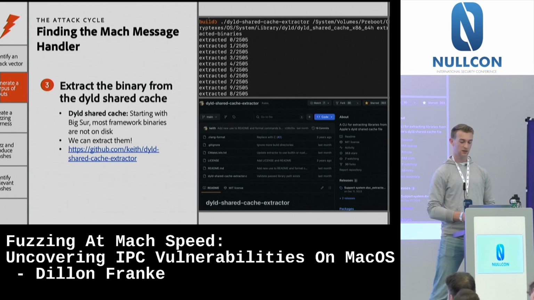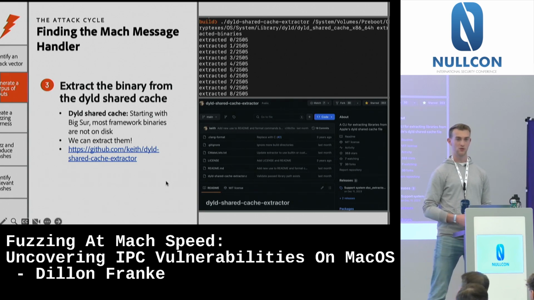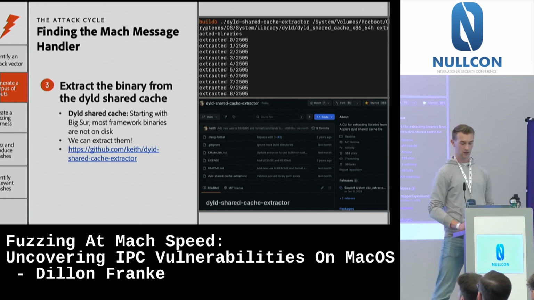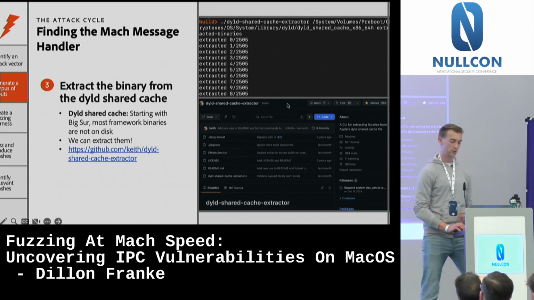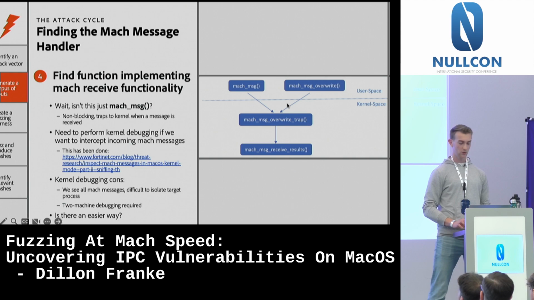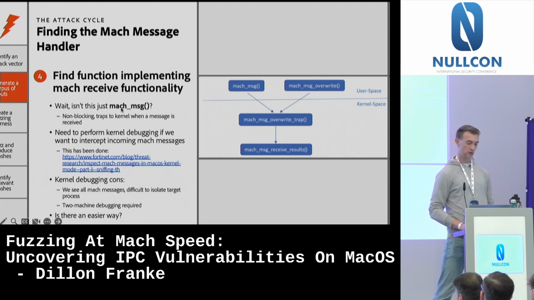It sits on your system, and it's essentially a highly compact and cached version of these frameworks. But thankfully, you can extract them. There's a great GitHub project that I found that allows you to access that dyld shared cache and extract those framework binaries that you care about so that you can start actually reverse engineering their functions. So we're using that dyld shared cache library and extracting all of the frameworks within. At this point, we have access to that Core Audio framework.